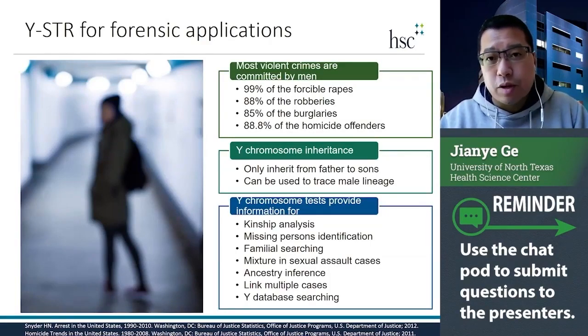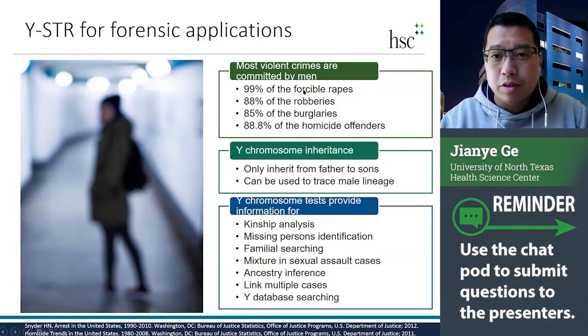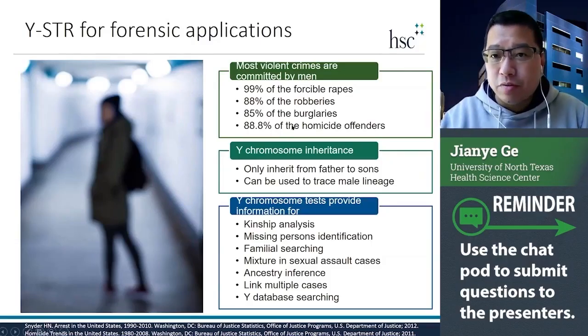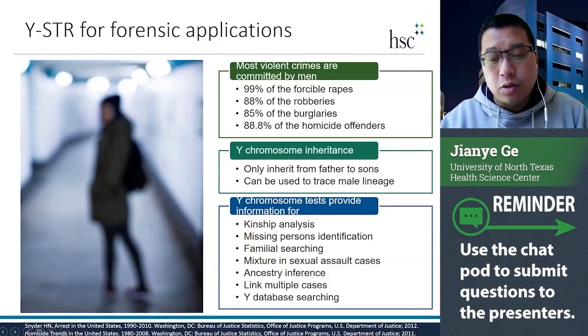The first reason is probably because most violent crimes are committed by men. Here's some statistics from DOJ. For example, 99% of the forcible rapes are committed by men. So that's probably the most important reason. And second, Y chromosome is only inherited from father to sons, and it can be used to trace the male lineage.